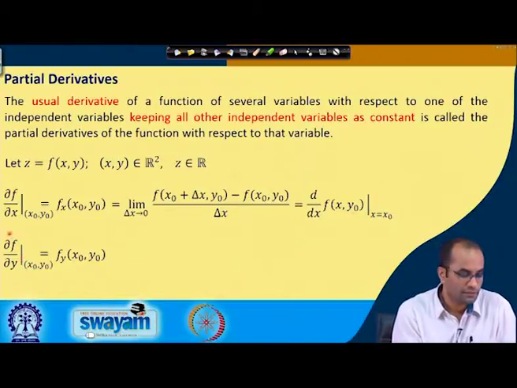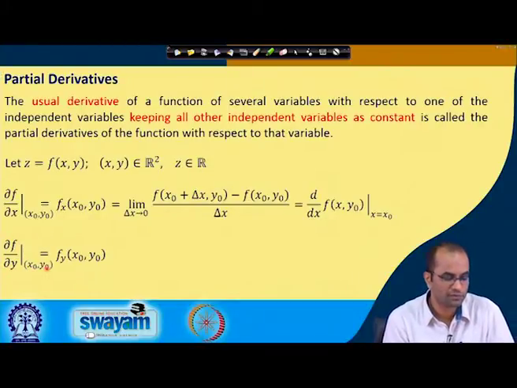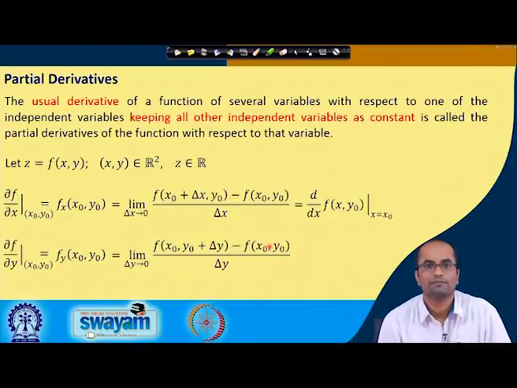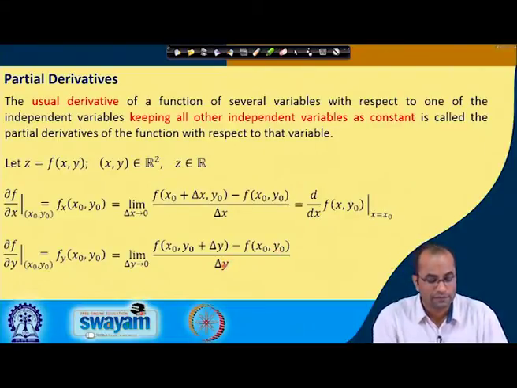Similarly, for the derivative of f with respect to y at the point (x0, y0), because we are taking the derivative with respect to y, in that fundamental definition we now make an increment in the y argument. So, y0 plus delta y, minus the function value of f at (x0, y0), divided by delta y.